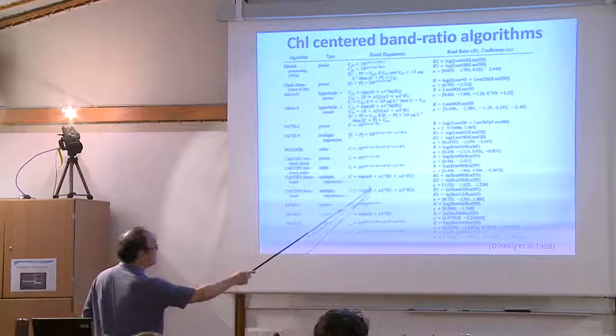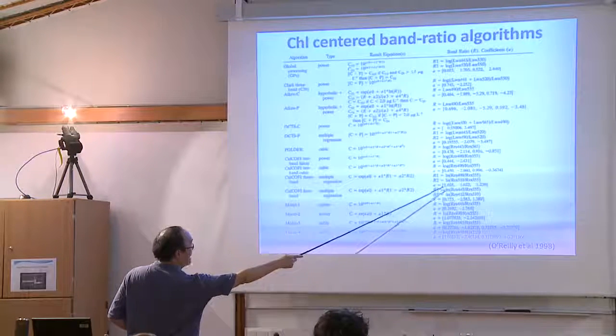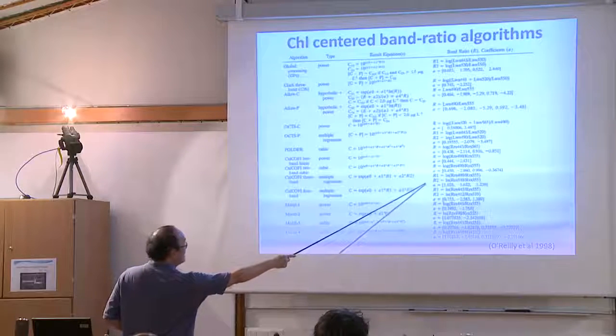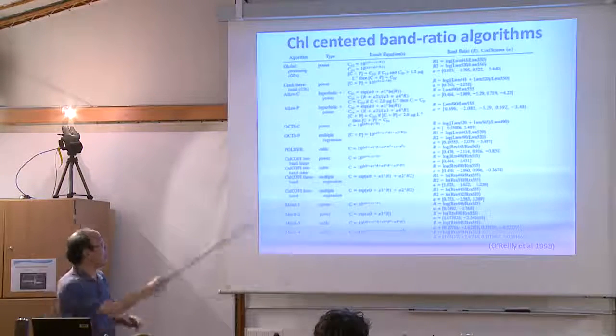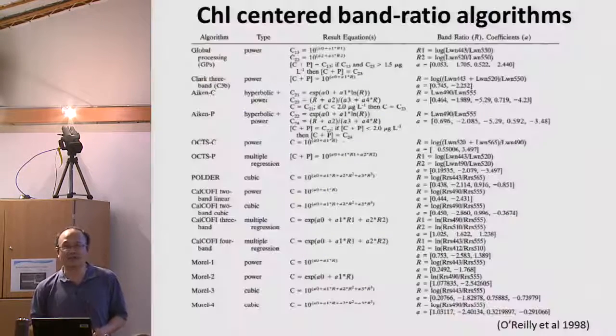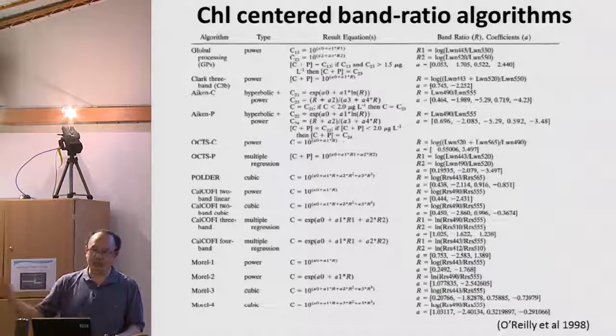For this one, it's basically Rrs at 510, 555, or Rrs at 490 to 555, used as the input to get the concentration of chlorophyll. And there are many other kinds of math formulas. But all these are basically a tuned relationship between remote sensing reflectance and the chlorophyll concentration.